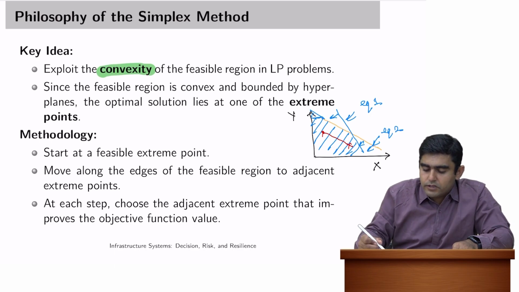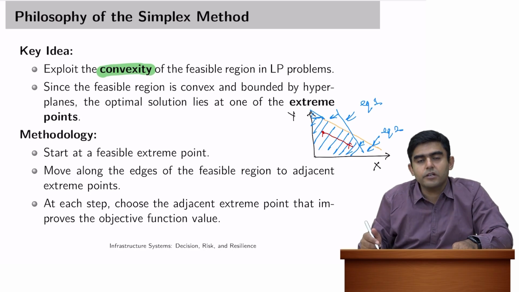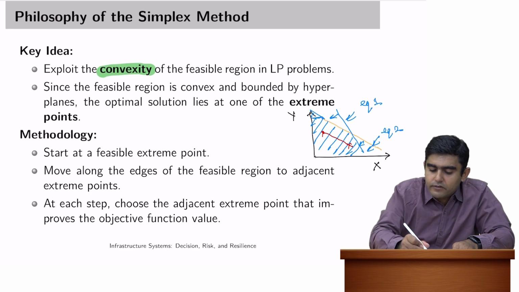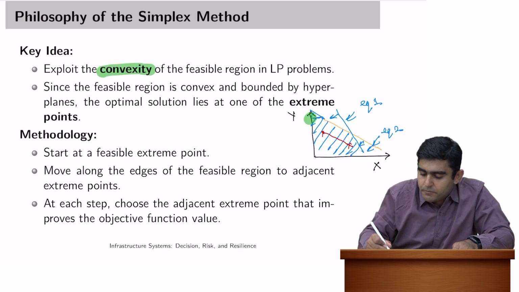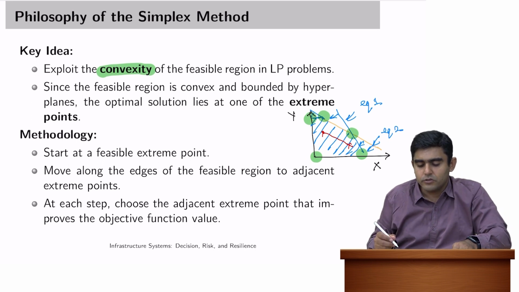We also learned that whenever the feasible region is convex and is bounded by a hyperplane, and in this case the hyperplane is the line itself, as we are talking about two-dimensional space, the optimal solution would lie at one of the extreme points. So the optimal solution would be either here or here or here or here or here. Out of these 5 points, we already have our candidate solutions, and one of them is going to be the optimal solution.